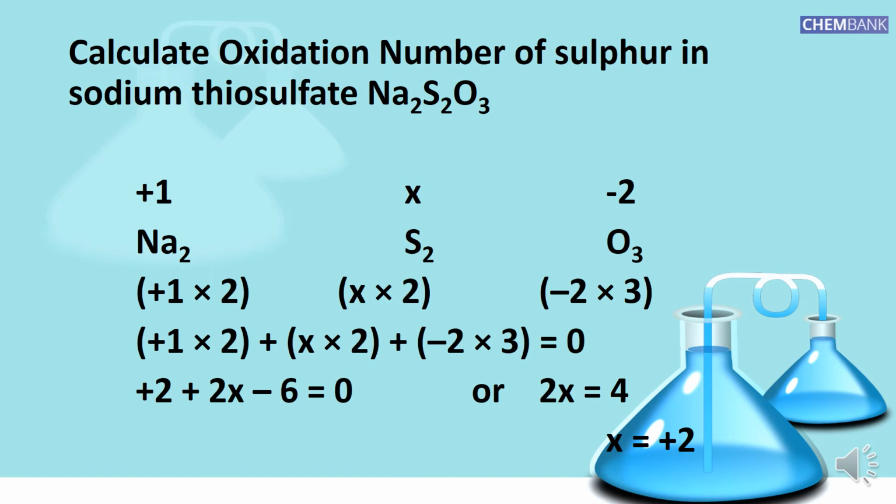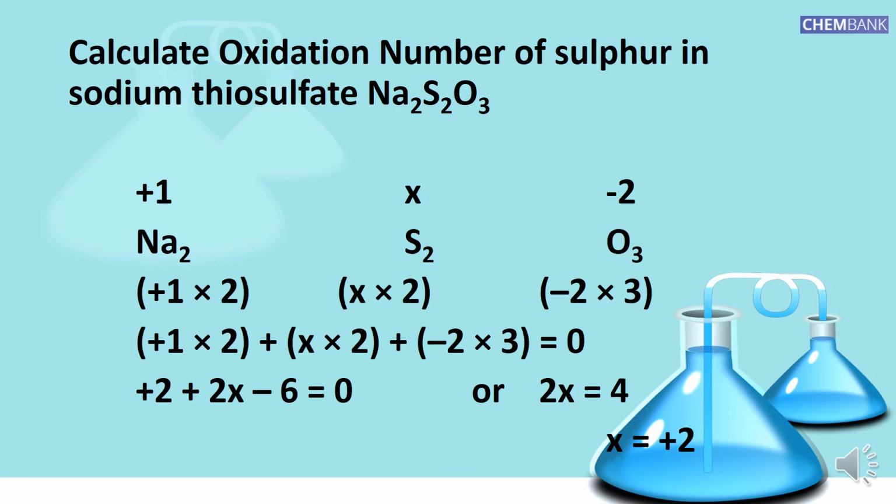For sulfur, we want to calculate the oxidation number, so we take it as X. Oxygen has the oxidation number -2. So in case of Na2S2O3, for sodium it will be +1 multiplied by 2 as there are 2 sodium atoms. For sulfur, X multiplied by 2 as there are 2 sulfur atoms.